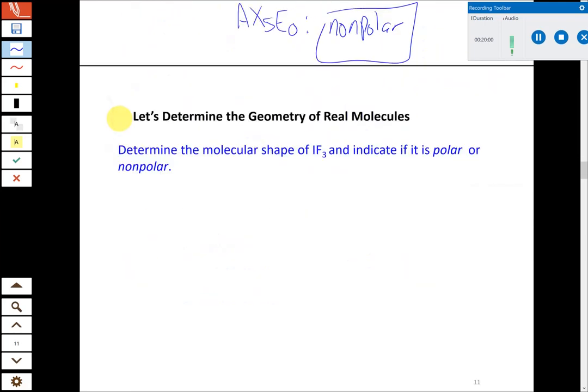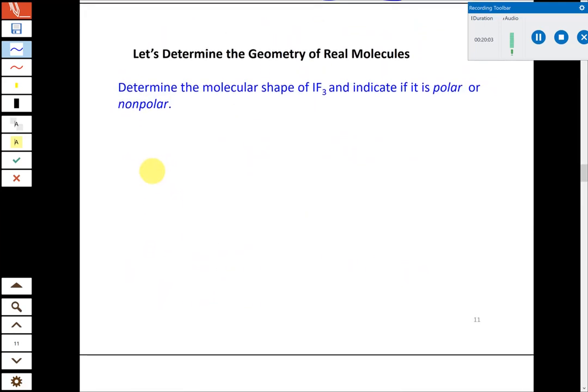All right. And then if we do IF3, the shape of this one's a little bit weirder. So if we have IF3, the Lewis structure that we get, skipping a lot of steps again to save some time, keep us on track. We're going to end up with 2 lone pairs on the central atom.